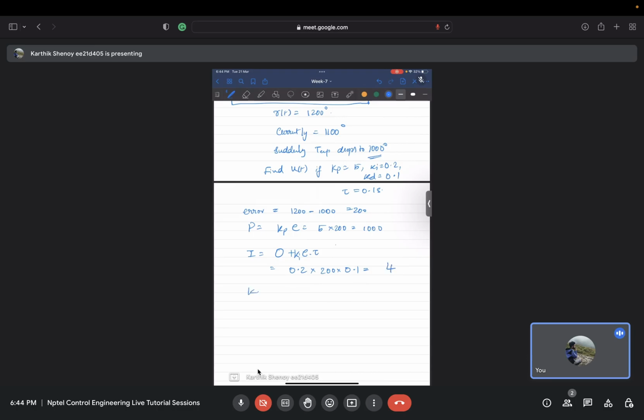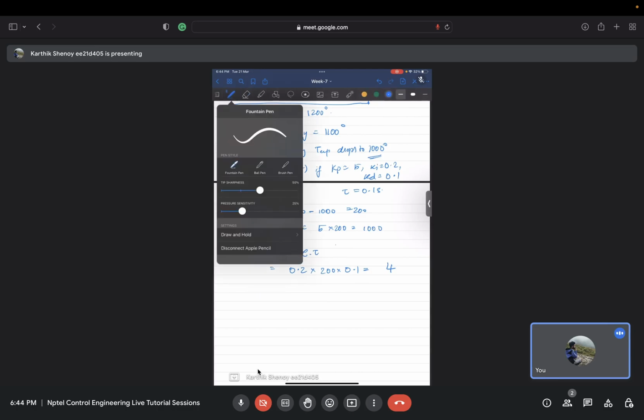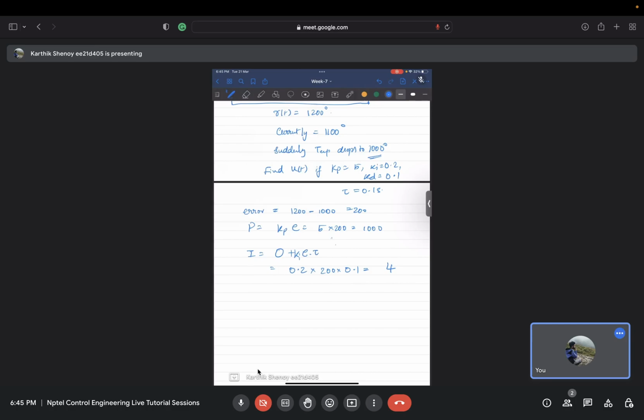Now my Kd, this is the interesting part. I have a derivative and suddenly it changed. Derivatives pick up sudden changes in the output. If you have some noise, it will amplify it, because noises are high frequency, so they change suddenly. So my derivative will be equal to Kd times the error.